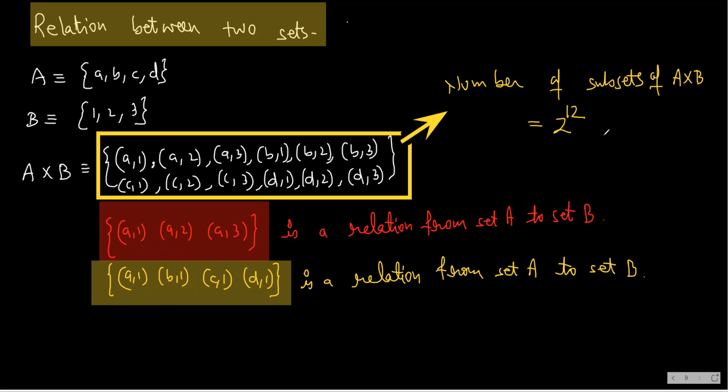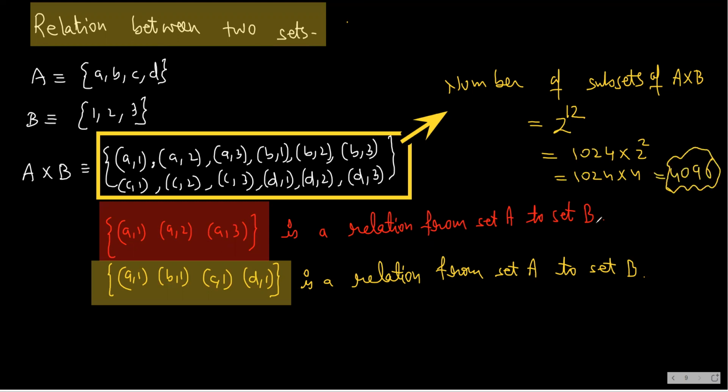2 raised to 12. You know 2 raised to 10 is 1024. So 2 raised to 12 will be 1024 into 4, that is equal to 4096.